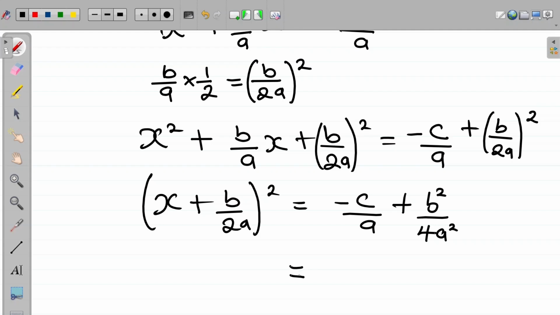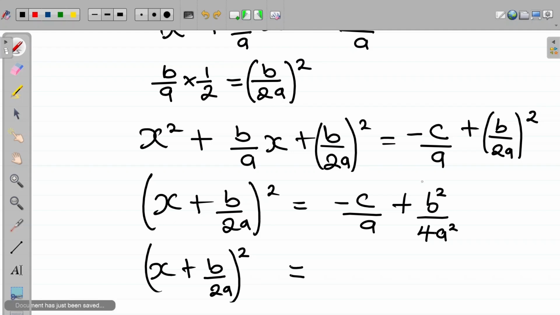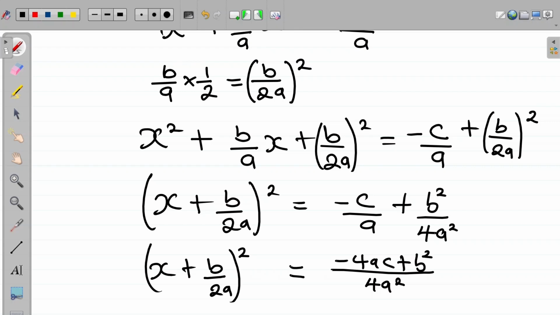From our right-hand side, we have denominators a and 4a squared. So therefore, our LCM is 4a squared. So 4a squared divided by a is 4a. 4a times minus c is minus 4ac, plus 4a squared divided by 4a squared is 1. 1 times b squared is equal to b squared.